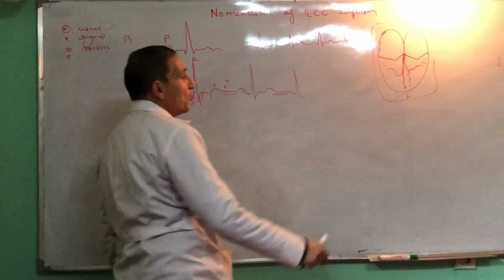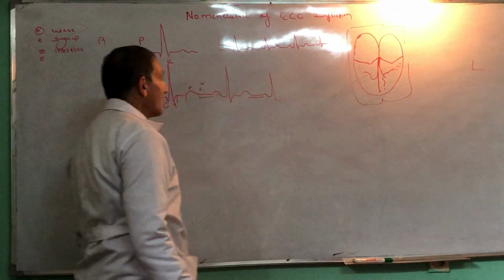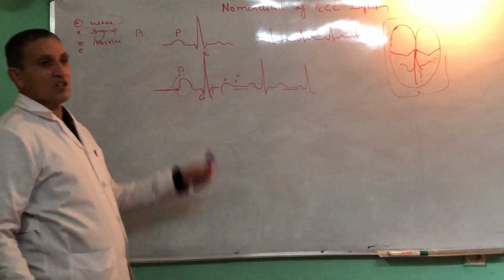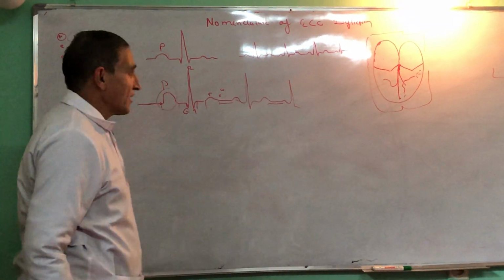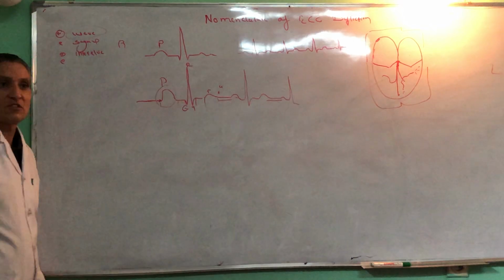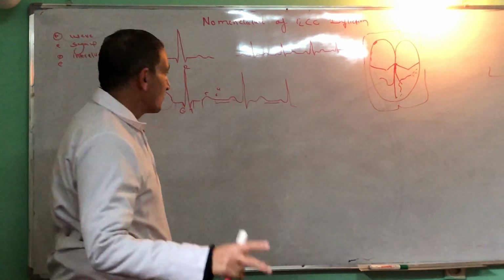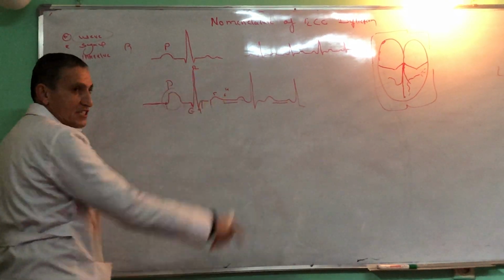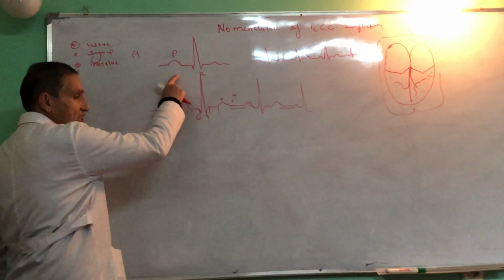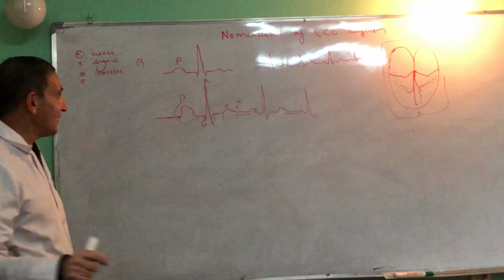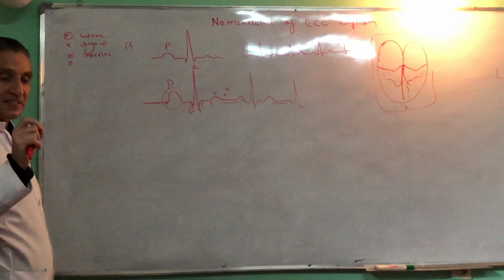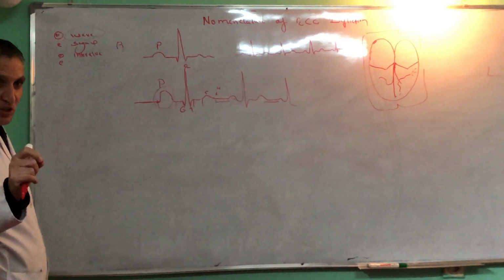Simultaneous activation of both atria produces a single wave over the ECG paper. But after the P wave, we should see atrial repolarization, but we didn't see it. Why? Because of 2 reasons. At the same time when atrial repolarization occurs, ventricular depolarization also occurs. The atrial depolarization is a slow movement and a small wave, because atrial tissue is small, they produce a small wave and they are supplied by slow conduction.